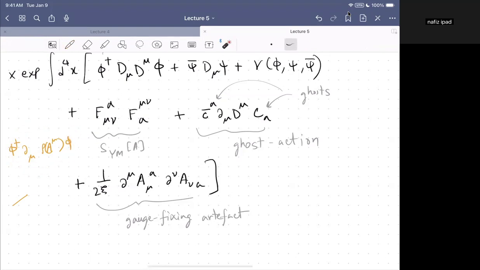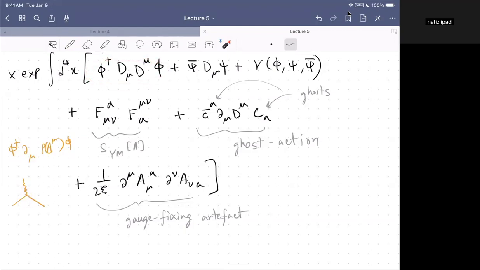This is a cubic term, right? Because there are three fields. Two of them are phi, so you will have two straight lines. And the other field is the gauge field. Let's assume that our notation for the propagator of the gauge field is a wavy line. So in our Feynman diagrams, you will have vertices that look like this. Two propagators of phi and one propagator of the gauge field come together to give a trivalent interaction.